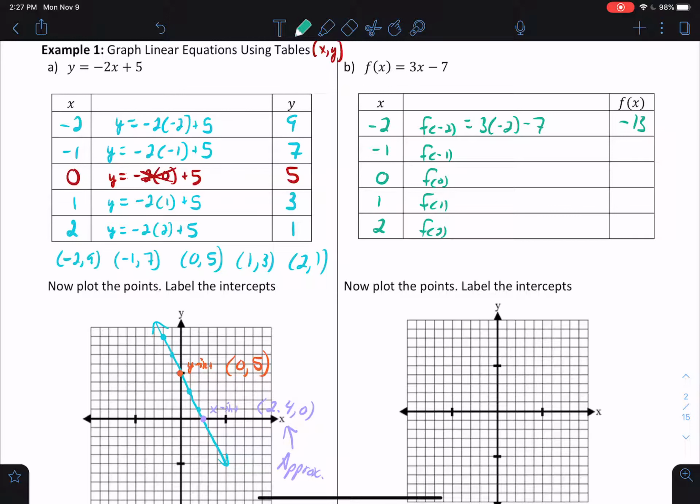Okay, so you should get -13, -10, -7, -4, and then last but not least, -1.